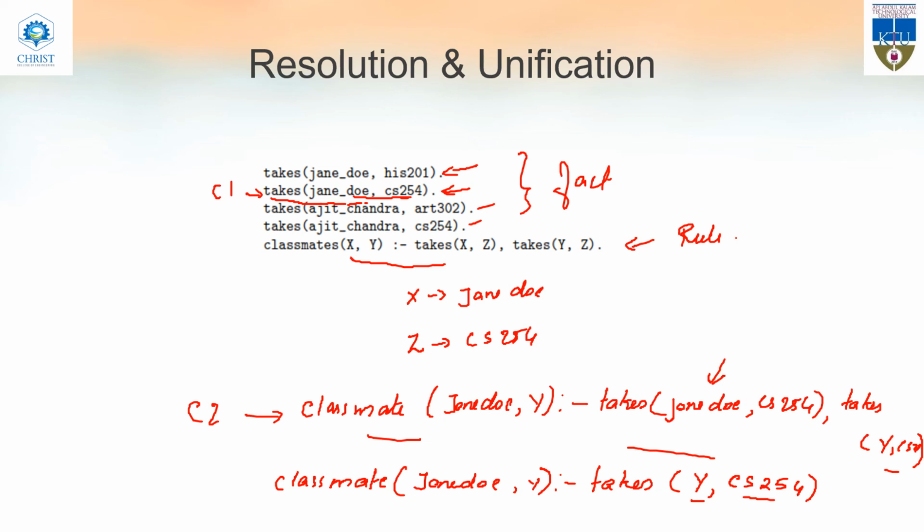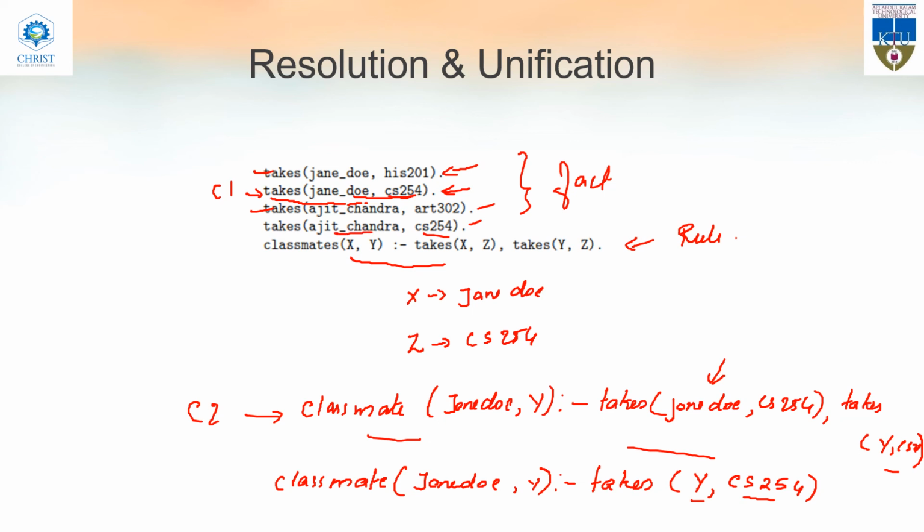Since CS254 cannot be changed, you cannot use this one because the second argument is ART302, and you cannot take this one because the second argument is HIS201. But you can take this one, because the second argument is CS254. If I take this takes(Y, ...), Y can take any value. Y can take the value Ajit Chandra.